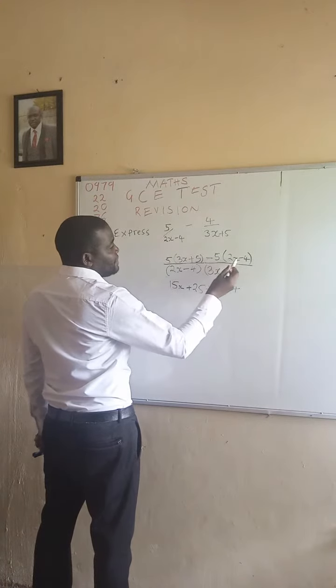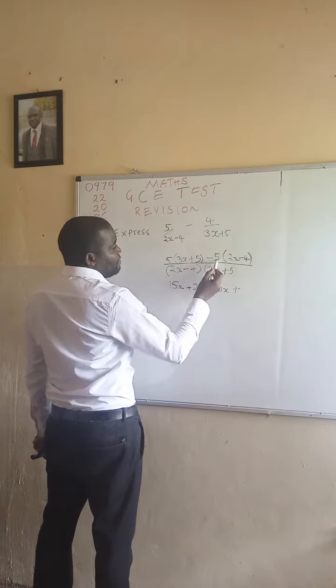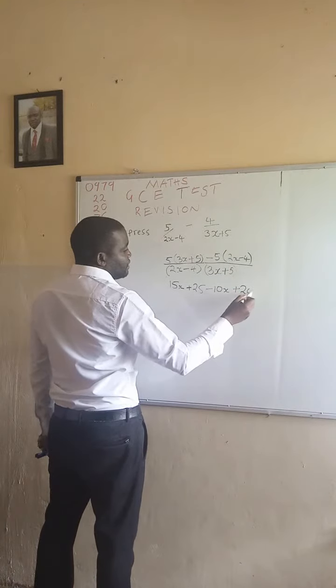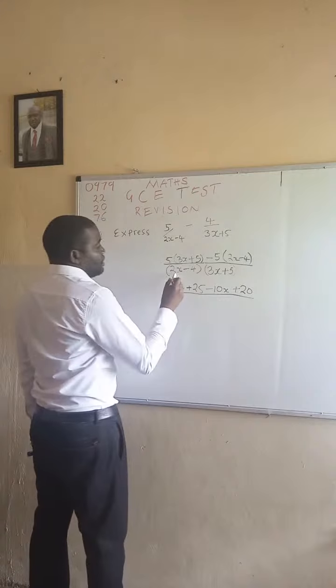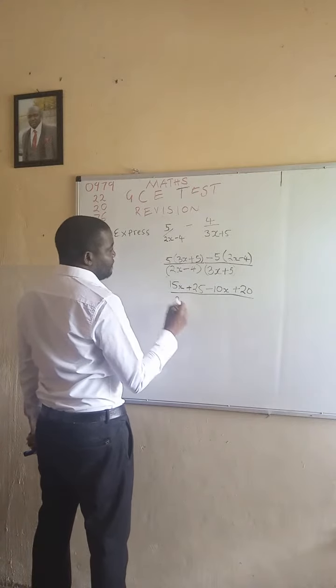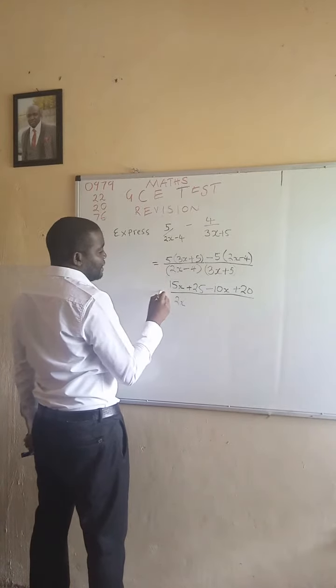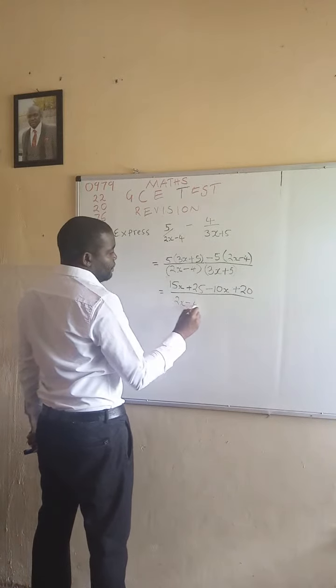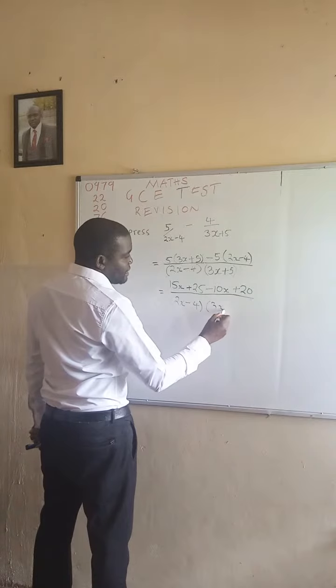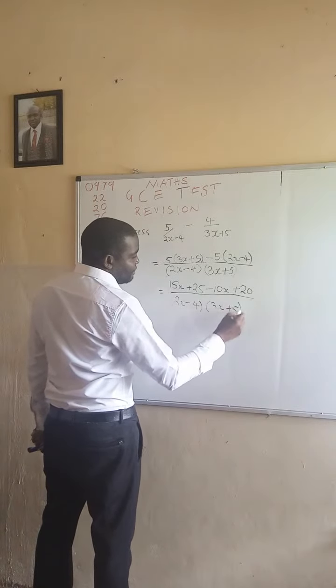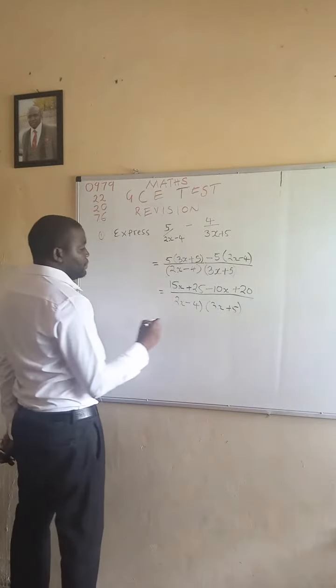Plus, negative times this negative is positive. 5 times 4, it is 20. Over this which is down, you bring it here. So it's been solved like this. Minus 4, 3x plus 5. Okay?